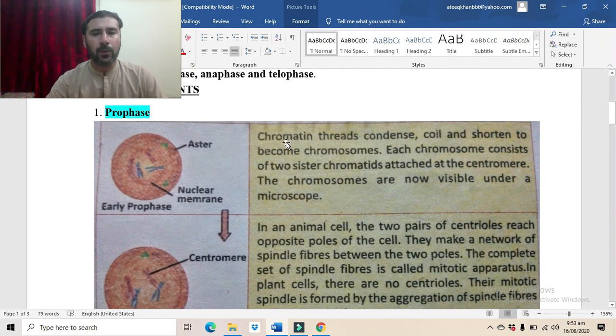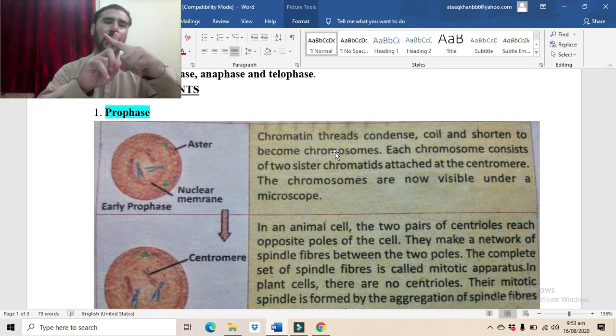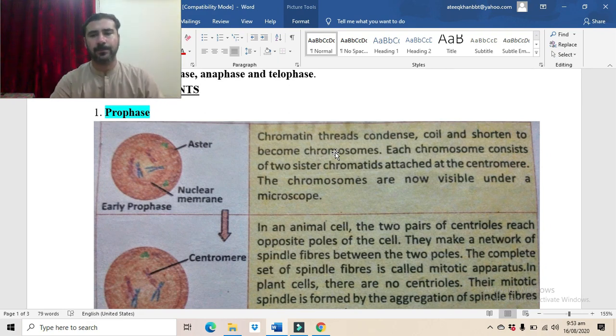So the chromatin will condense, coil around the histone proteins, and will shorten to become chromosomes. So the threads will coil around the histone proteins and the proper Y shape chromosome will be formed.